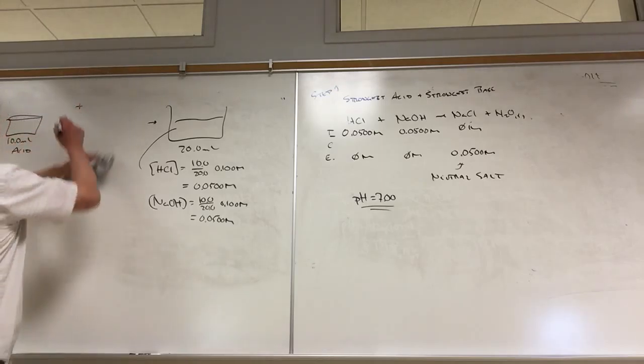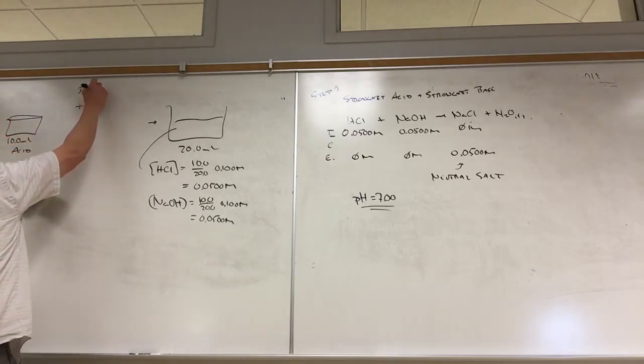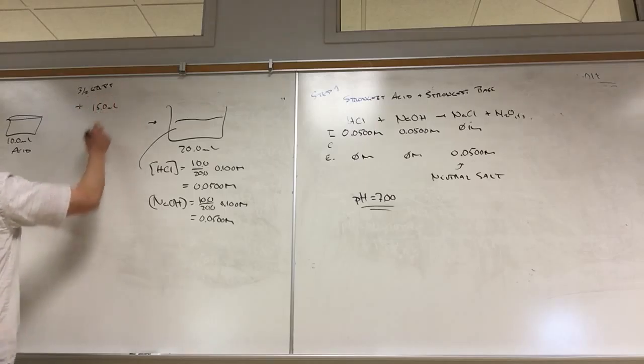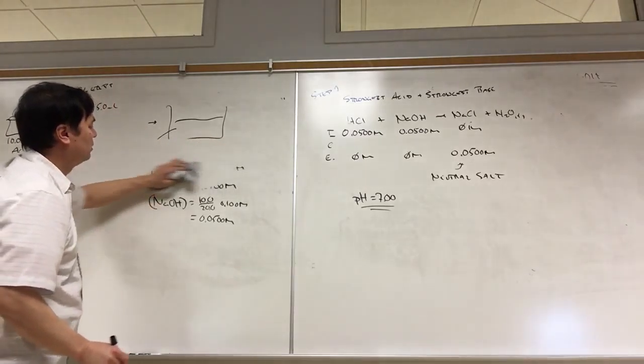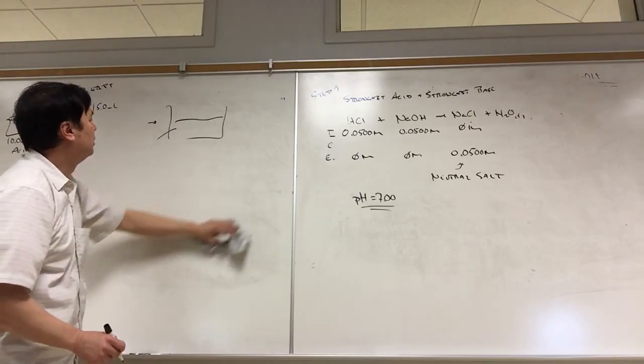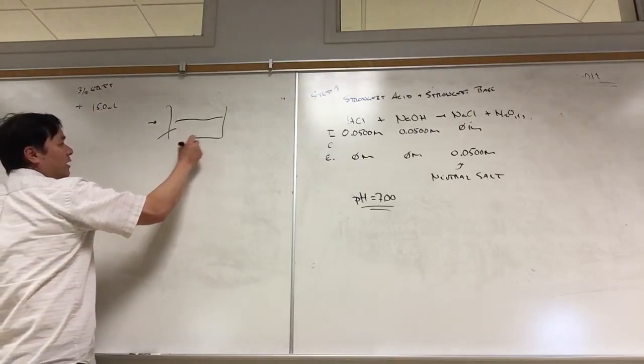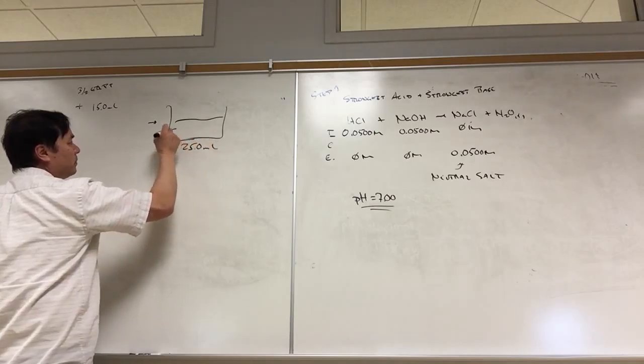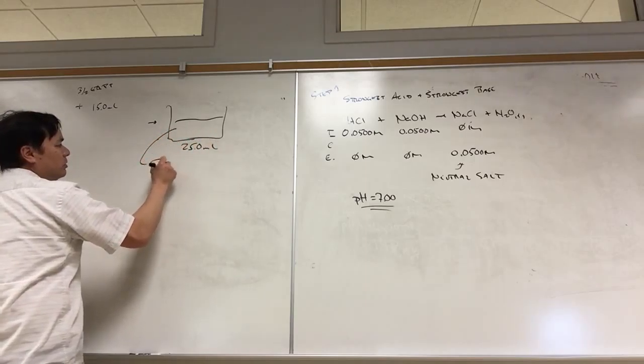Let's go to the 3/2 equivalence point. At the 3/2 equivalence point, we're going to add 15.0 milliliters of sodium hydroxide. And so the total volume would be the 10 plus 15, which is 25.0 milliliters. Figure out the new concentrations.